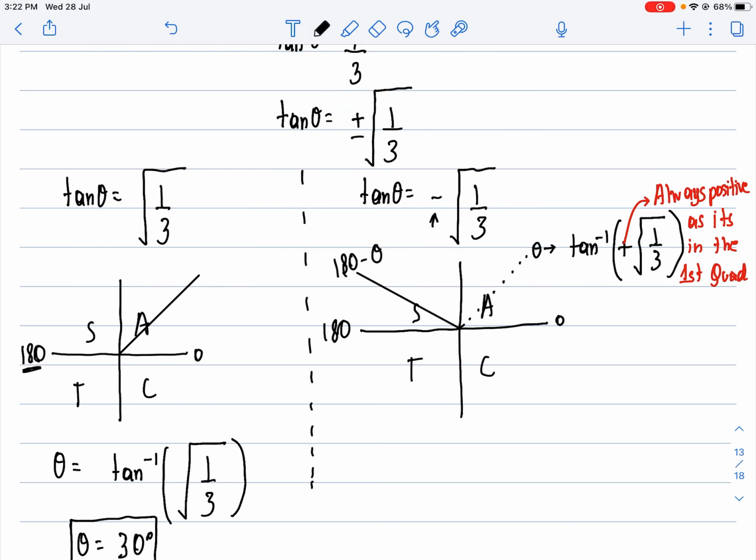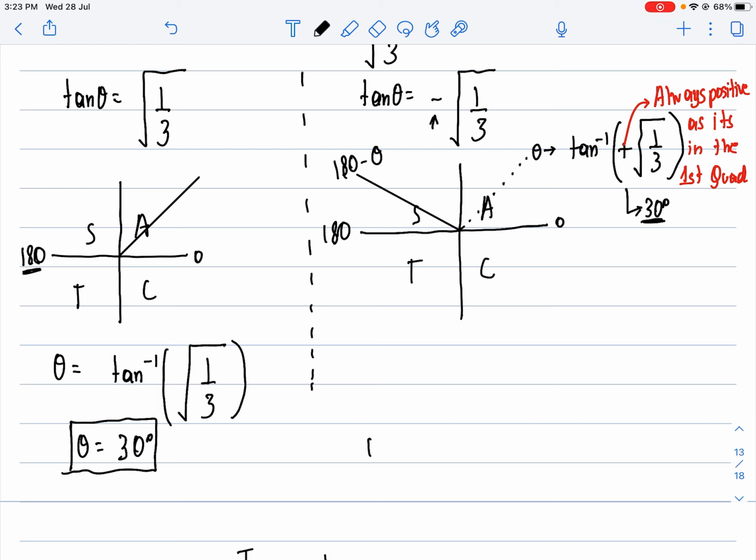So now when I do the tan inverse of root of 1 over 3, I get 30 degrees. Now I need 180 minus 30 degrees to get my answer, which is simply 150 degrees. So 30 degrees and 150 degrees are my final answer.